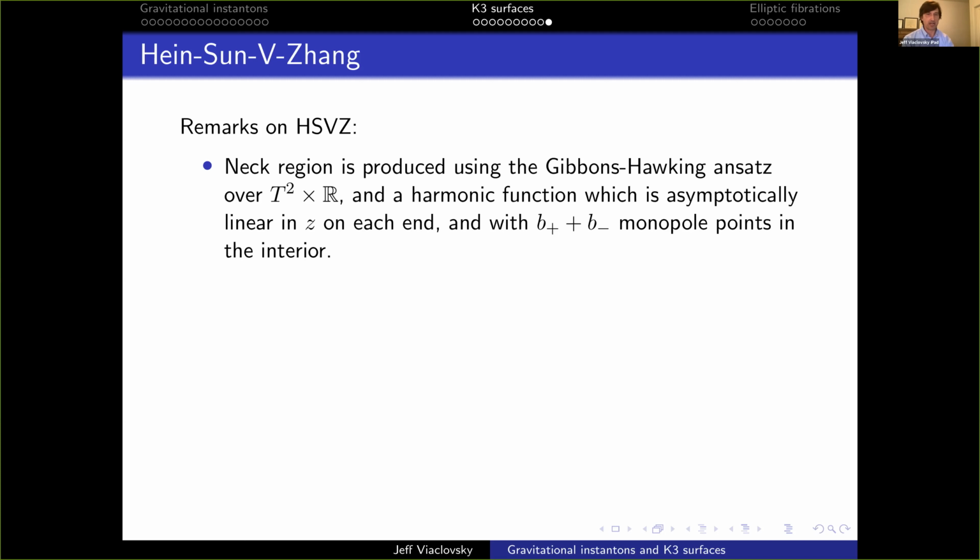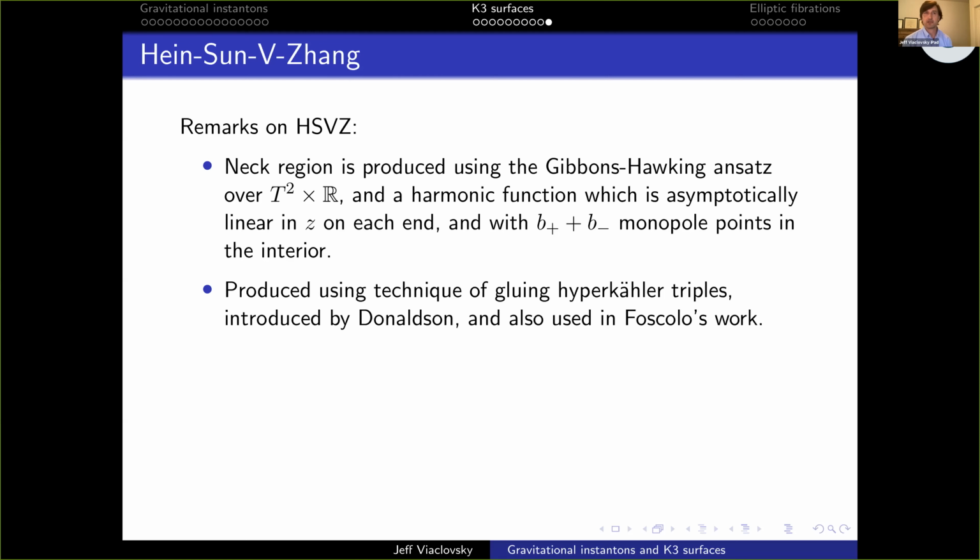And that's where the Taub-NUT metrics come from. This harmonic function then interpolates between the asymptotic geometries of each end. An important point is we use the technique of gluing hyperkähler triples, not Monge-Ampère techniques. This was a technique introduced by Donaldson and also used in Foscolo's work.